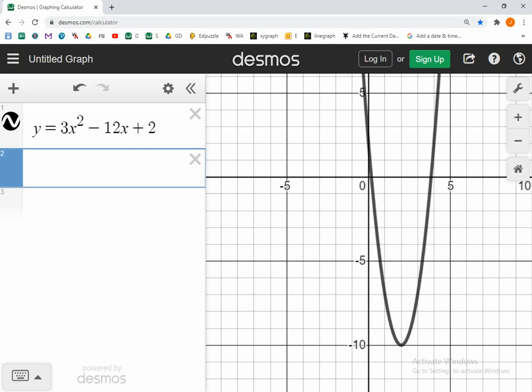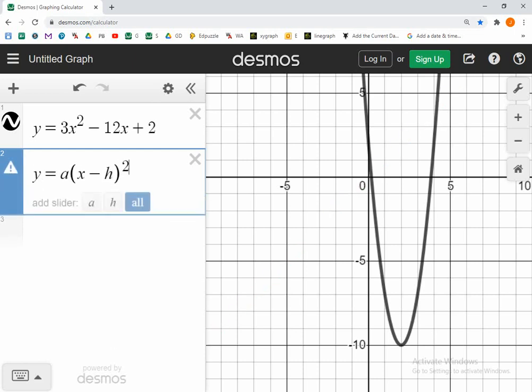So vertex form is going to be this format: a, x minus h squared plus k, right? What is the a that is in the original one? 3. So that is the same as the a that is right here. All right. So the h and the k are the vertex, right?